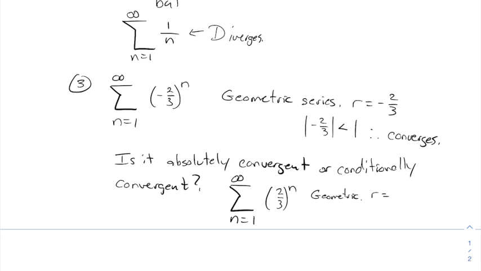The ratio is now 2/3, which is still less than 1, and so therefore it's convergent. So since this series where we took the absolute value is convergent, that tells us that this series up here is absolutely convergent.